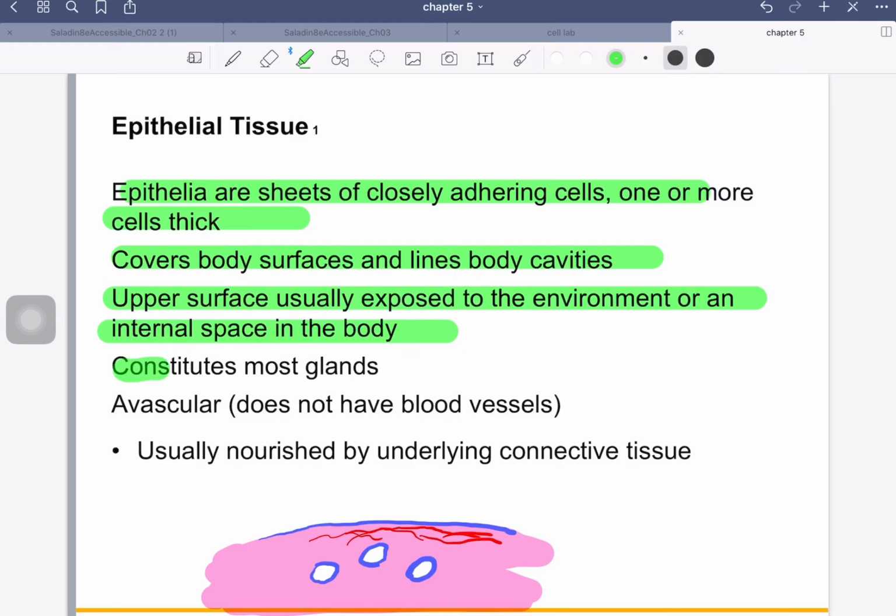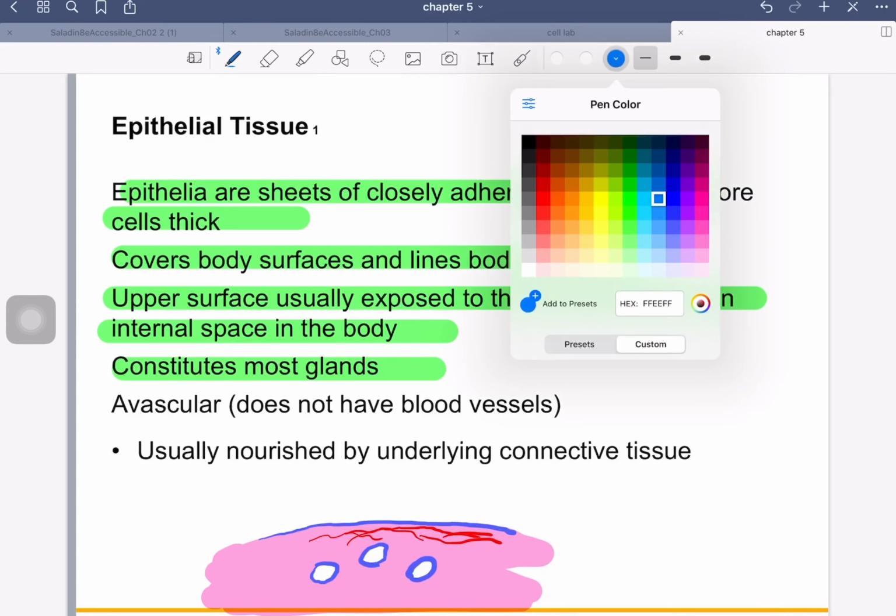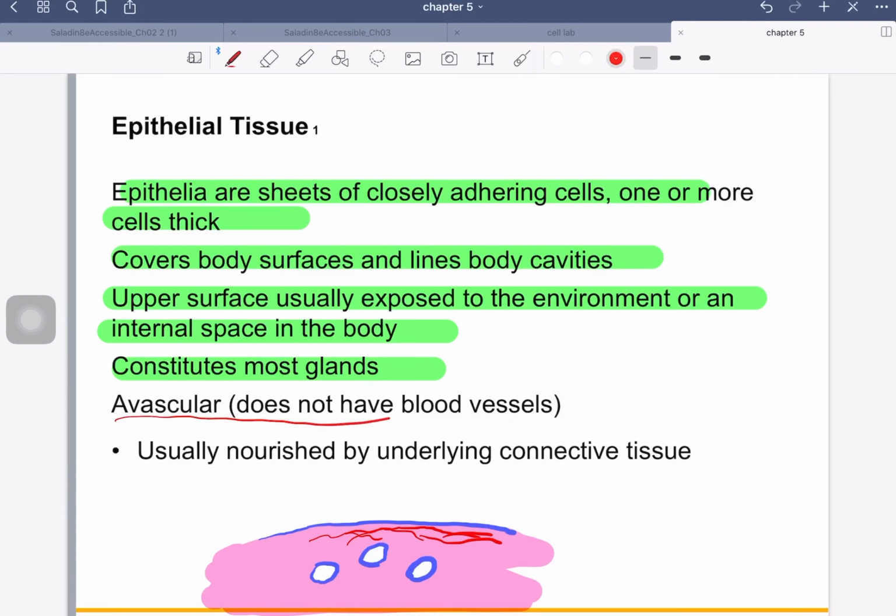Often we have glands associated with them, and here's one of the key characteristics: they are avascular, so it does not contain blood vessels itself. That may seem odd for living cells, but typically epithelial tissue is paired with other types of tissues that are vascular, such as connective tissue.